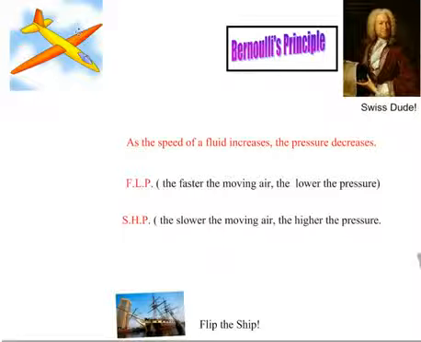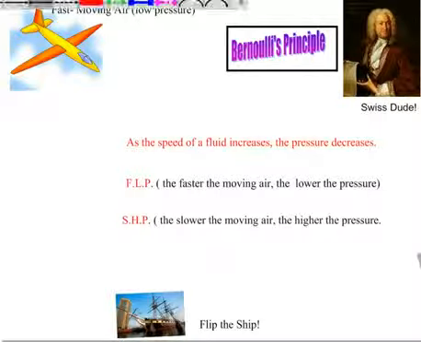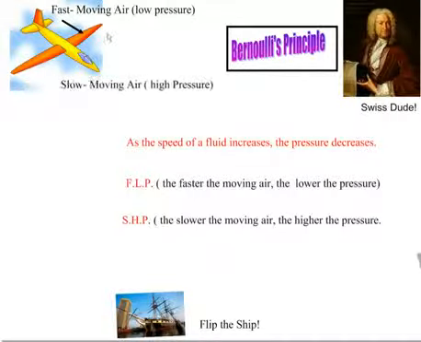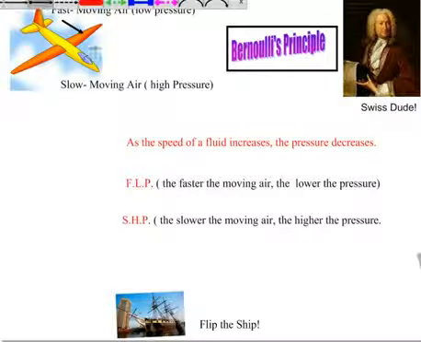Well, the same thing holds true in an airplane, and if we look at the diagram with the curved surface being on the top, we'll notice that's where we're going to find our fast moving air or our low pressure, and that's going to take place right over here. And then what we're going to see at the bottom on the straight surface, we have the slow moving air or the high pressure, and that's going to take place right under here, the high and the low pressure.